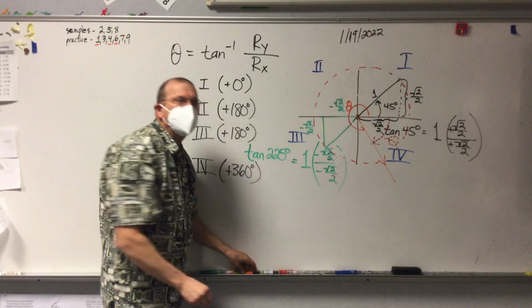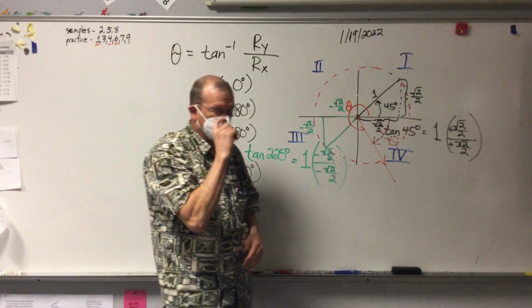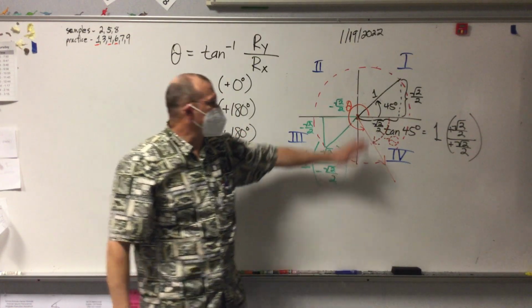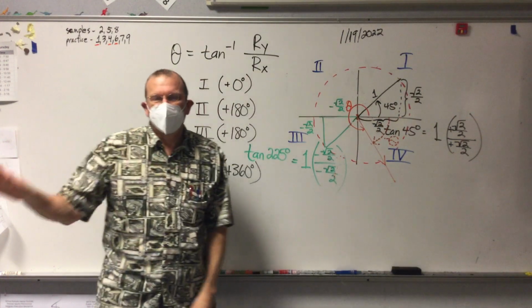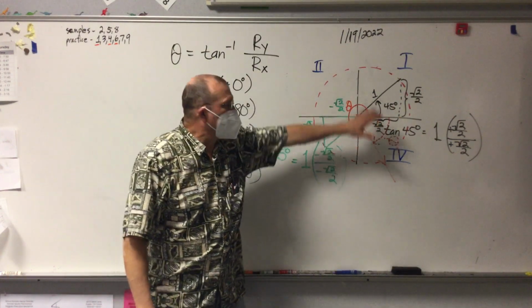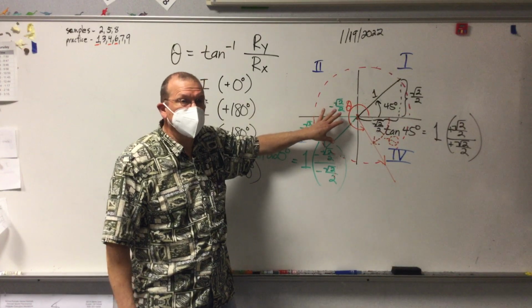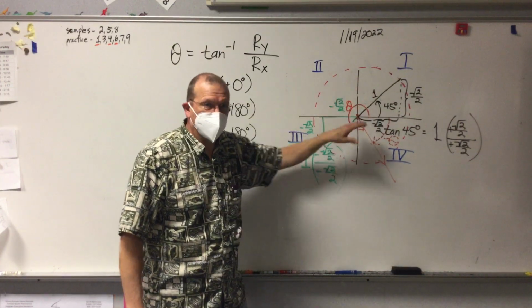Okay, now in some math classes, they may say, oh, well, if you're down here in the fourth quadrant, I'll take the negative number of degrees. I don't take that here. We are in 2 dimensions, that means our directions could cover 0 all the way to 360.